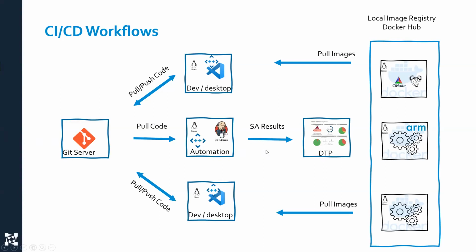And the results of these testing activities, such as static analysis or unit testing, are sent to Parasoft DTP, which is a central reporting system and aggregates the data from multiple testing practices and correlates them with the information from the source code repository and requirements management systems.